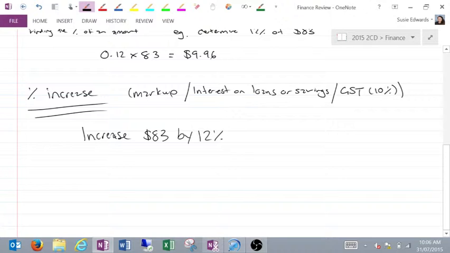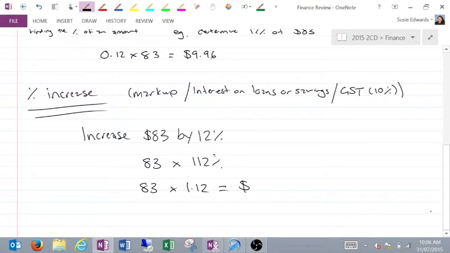But there's actually, in terms of doing a procedure, an easier way of doing that, because otherwise you'd have to find the amount, add it on every time. Instead, we want to think about what percentage an increase of that is. Nick? Good. If we increase by 12%, we're going to end up with 100%, the whole thing, plus 12%, right? Okay, so for this, we actually end up saying $83 times by 112%, which is 83 times by what as a decimal? 1.12.